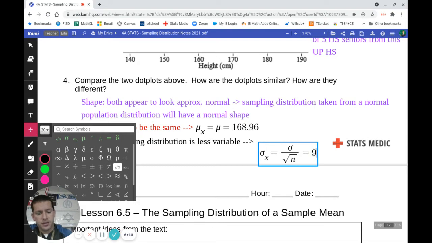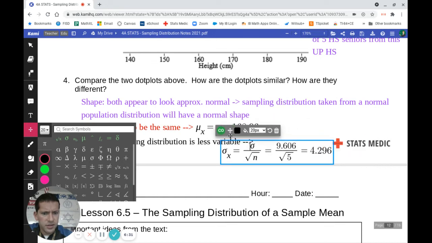So in this case, our standard deviation was 9.606. We're going to divide that by the square root of our sample size, which was 5. And that cuts it down almost in half to 4.296.